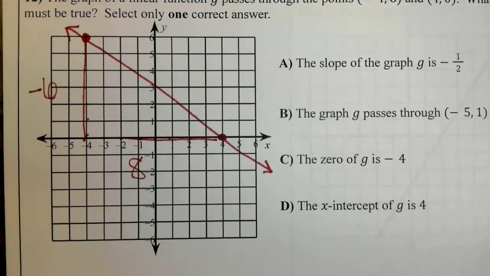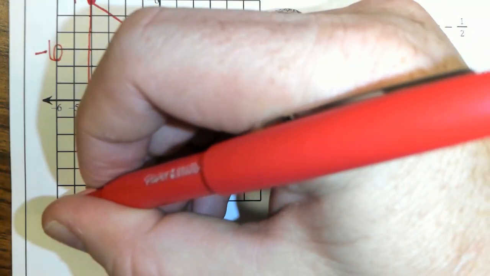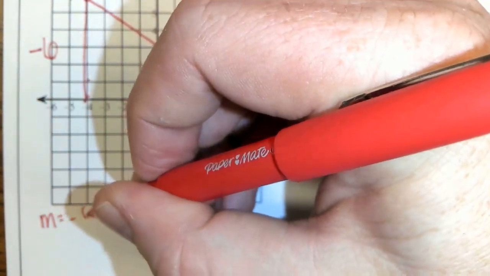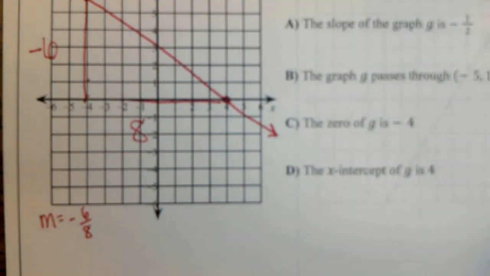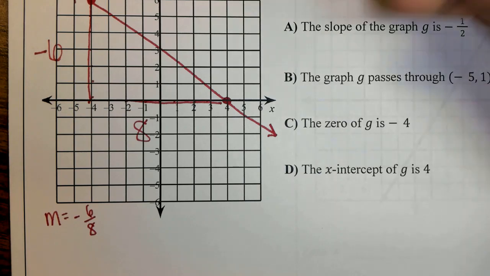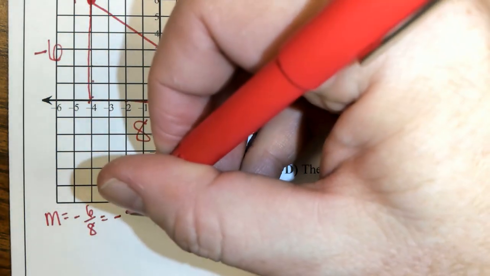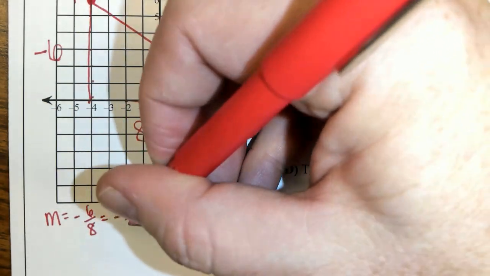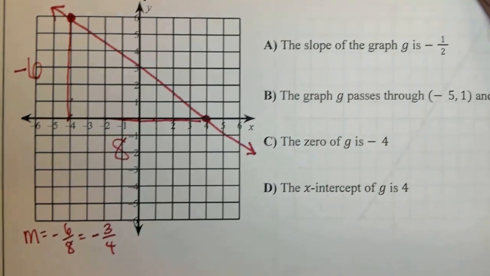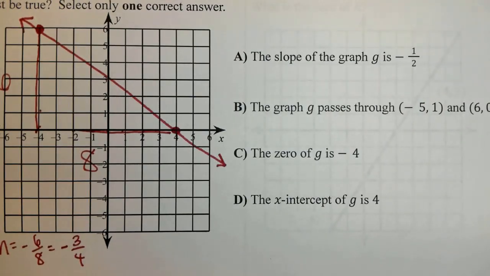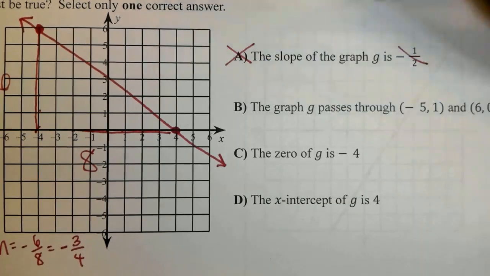So if my slope is negative 6 over 8, I can reduce that. It'd be negative 3 over 4. And this answer says 1/2. So that's wrong. So no A.